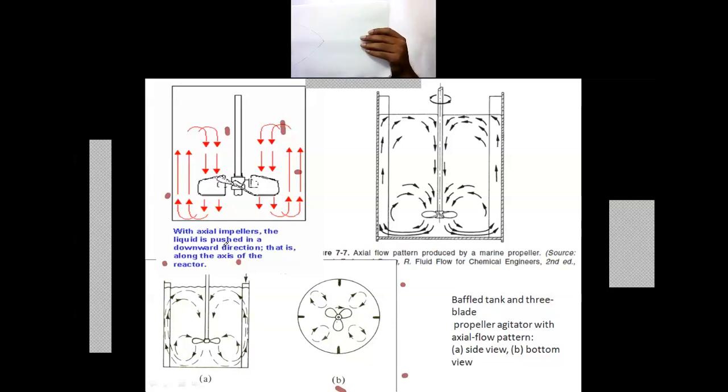If the blade is perpendicular to the shaft axis, it will move the fluid in the radial direction. If the blades are inclined, then the axial flow pattern will be developed. You can see the different loops that will be generated depending on the liquid height and other parameters.